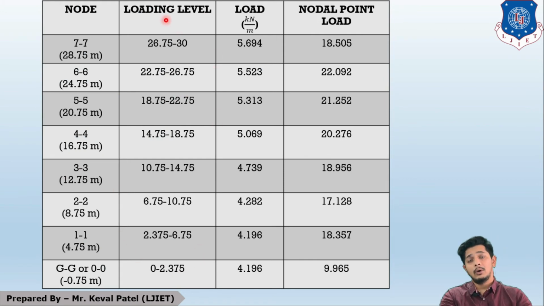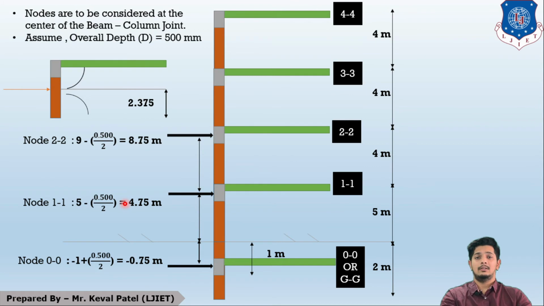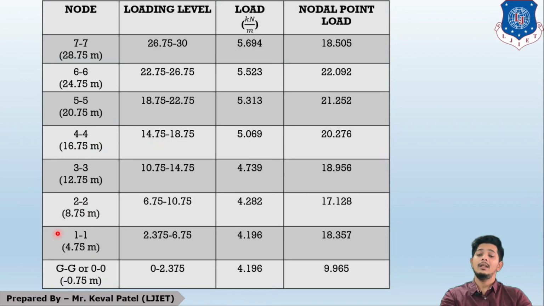If we talk about the first column of the table, which is node, then the GG or 00 node will be taken as minus 0.75 meter height. After that, node 1 will be calculated as 4.75 meter. Node 2 will be 8.75 meter. Node 3 will be 12.75 meter. And if we add 4 meters height for every story, we can get all the node heights from the ground line.